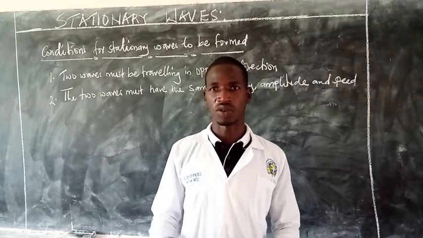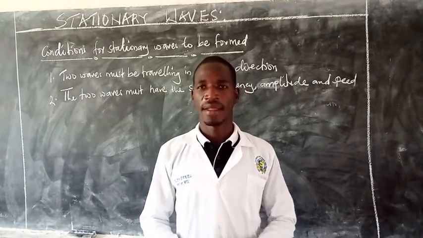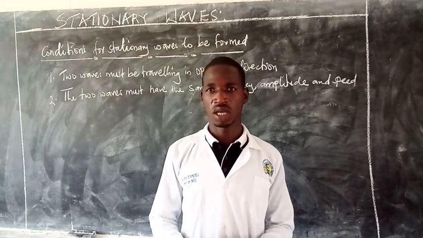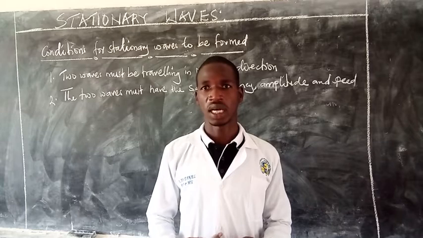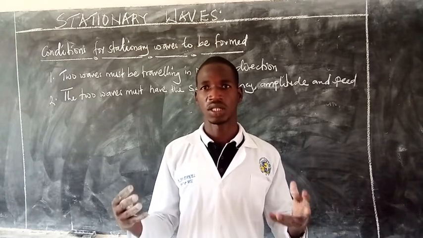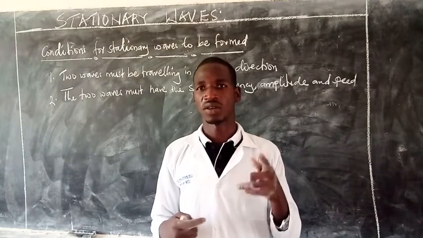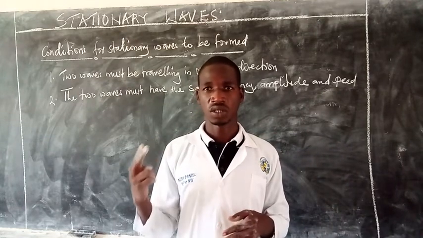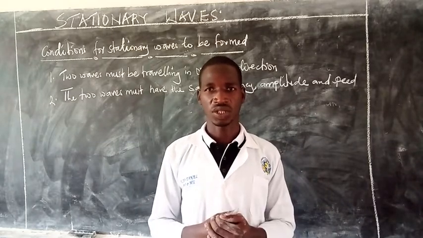Let's see the conditions for stationary waves to be formed. There are basically two conditions. Don't forget that when you say stationary wave, there must be two progressive waves which are moving. So one of the conditions is that those two progressive waves must be traveling in opposite direction.